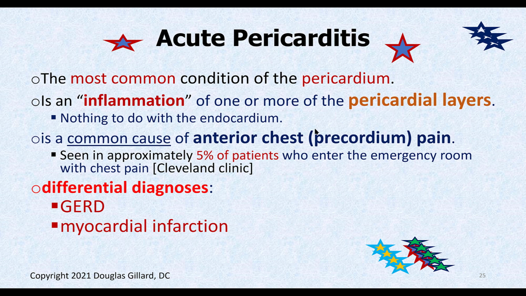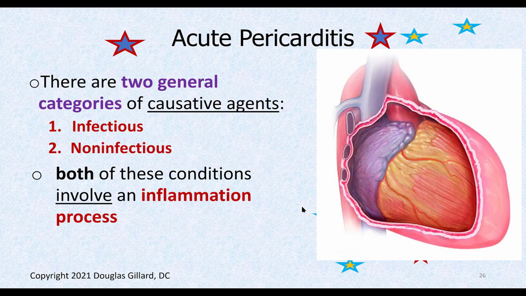But the scary differential diagnosis here is GERD, or that's not scary. Myocardial infarction is scary. But GERD, I like this question. Pericarditis, GERD, and myocardial infarction can all cause anterior chest pain and burning. And so it can be confusing.